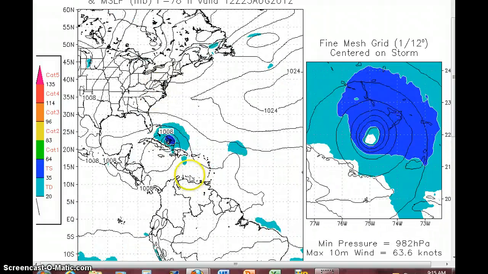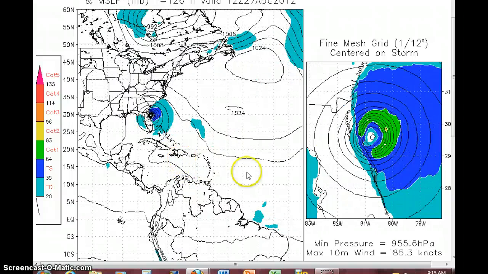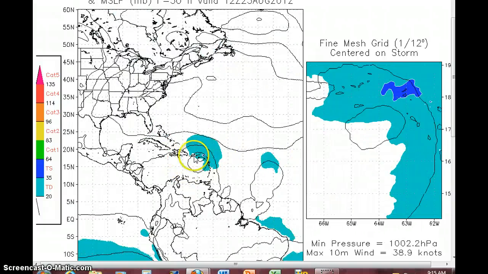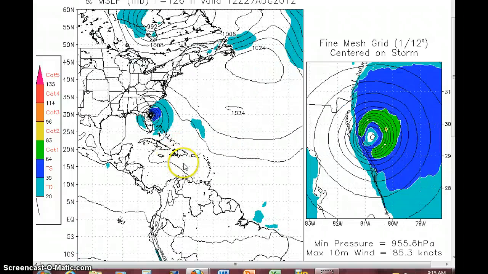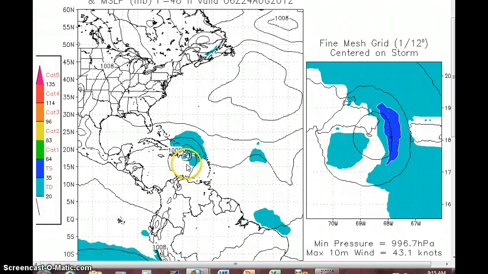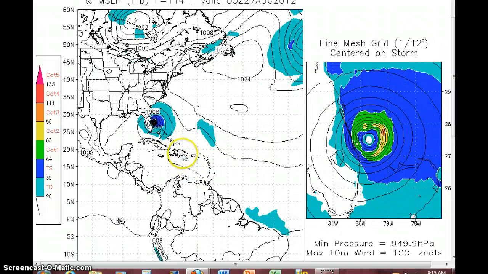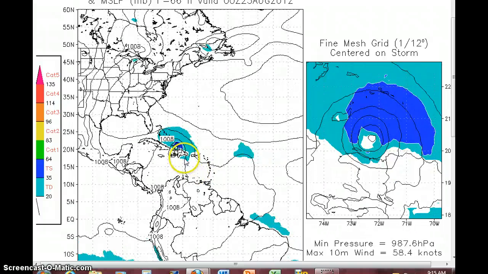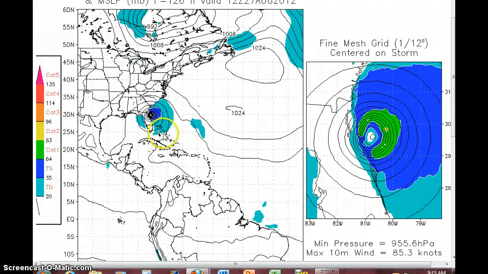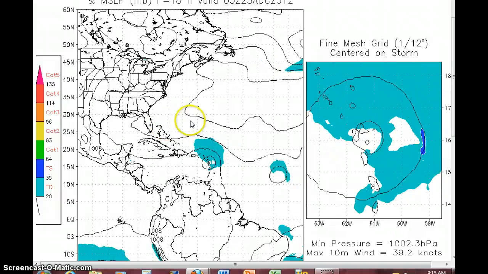So we have lots to look at here at LiveWeatherBlogs.com today, but Isaac is definitely going to be the talk of the town the next couple of days. If this model, the GFDL, is correct, it would spend very minimal time. It would cross over Hispaniola, the most mountainous part, but it would keep on moving, causing it to be disrupted and then to re-intensify as it moves through the Bahamas. So time will tell.